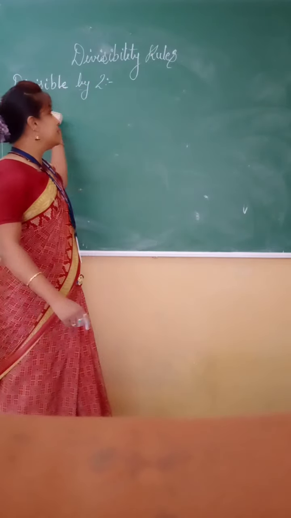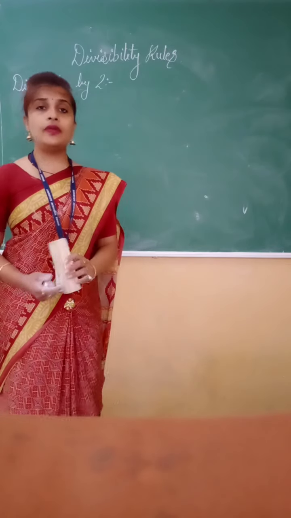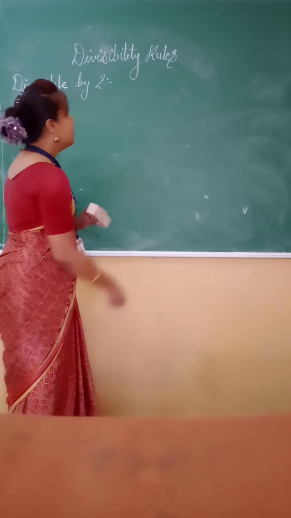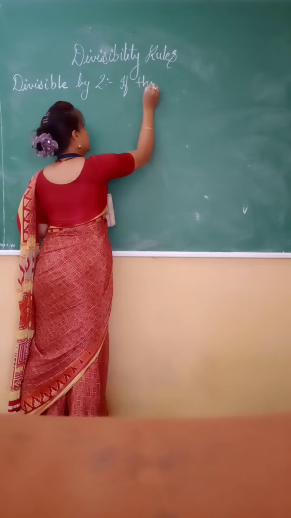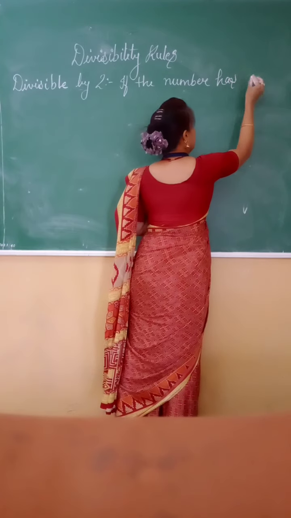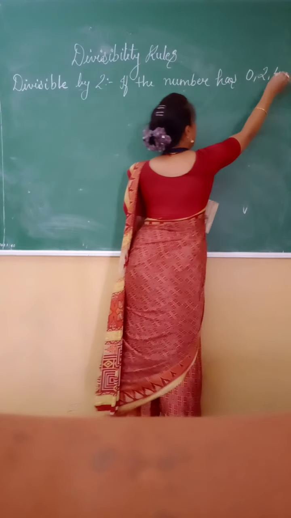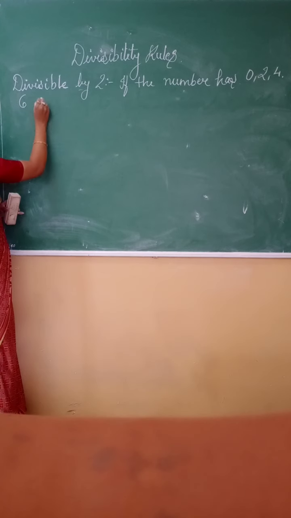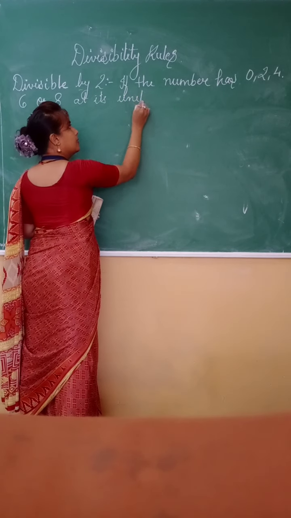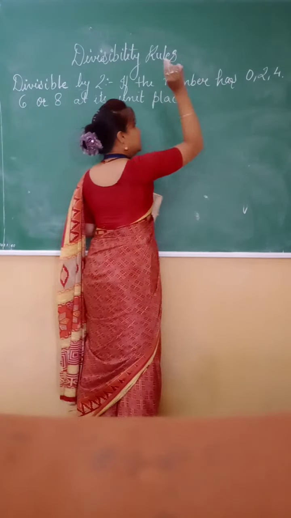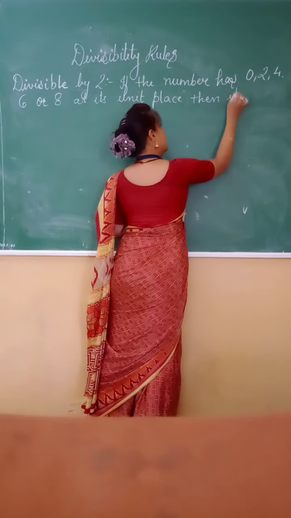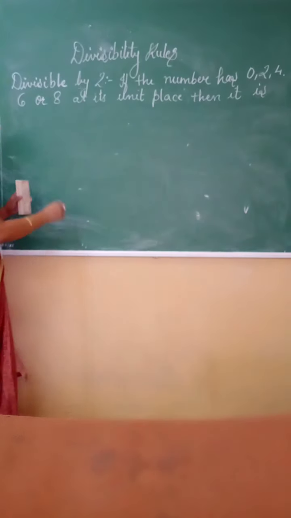Starting with the first divisibility rule, of 2. How will we find out that any number is divisible by 2 or not? If the number has 0, 2, 4, 6 or 8 at its unit place, then it is divisible by 2.